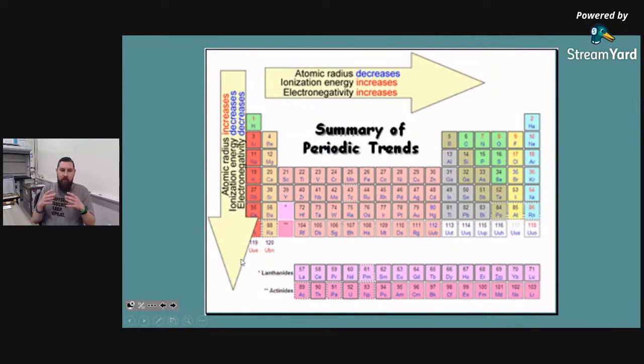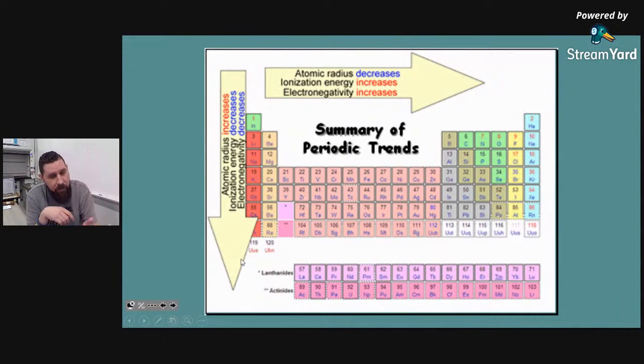And as a summary for 3 out of these 5, here's what I want you to notice. Atomic radius decreases as you go across. Ionization energy, electronegativity, and electron affinity, they all increase. Ionic radius also decreases. So here's the key to understanding all this. As you go across a period, your radius, whether it's atomic or ionic, decreases, and your other trends all increase. Conversely, as I move down a column, notice atomic radius increases, but my other trends, they all decrease.